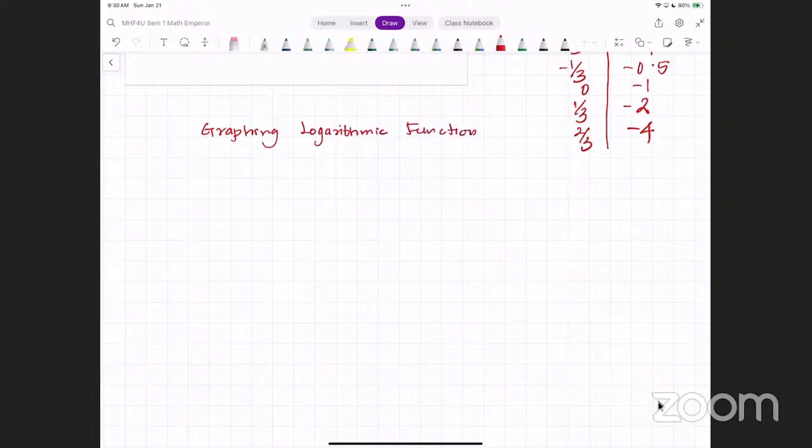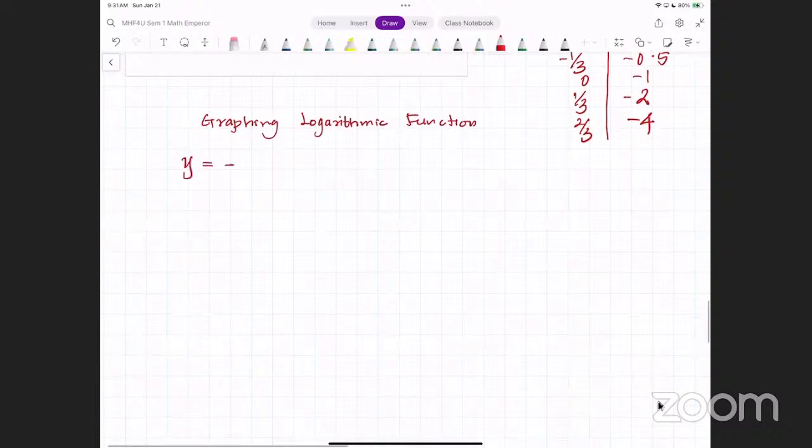All right, so the first logarithmic function that we have to draw is y is equal to minus log x plus 2. Now, something that you need to be careful about when you're drawing logarithmic functions is the base. When there's no base specified, by default it is base 10.